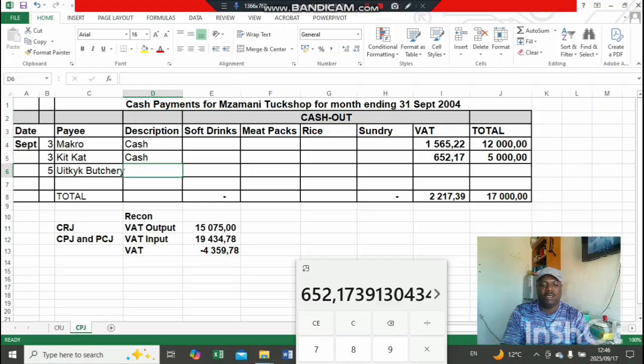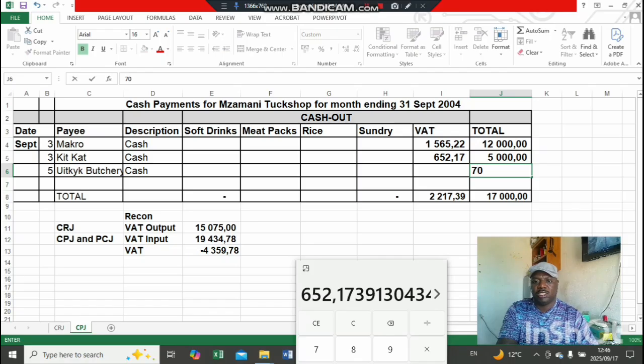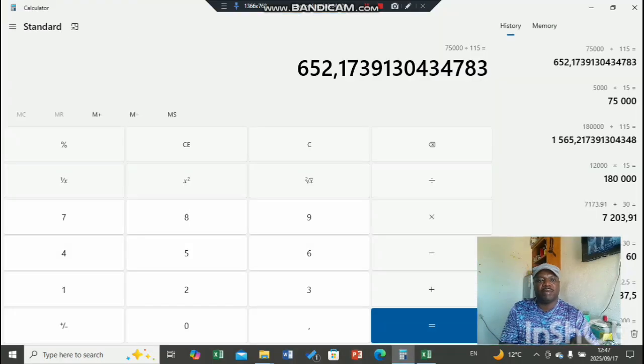Mzamani is there to buy meat, to the tune of 10,000, in bulk so that he can repackage it into meat packs. So 10,000 is all inclusive that his meat supplier has charged him, but the question to us is how much VAT is included in that amount?